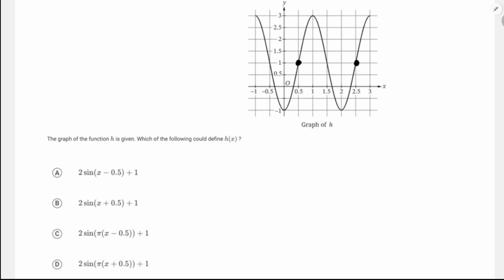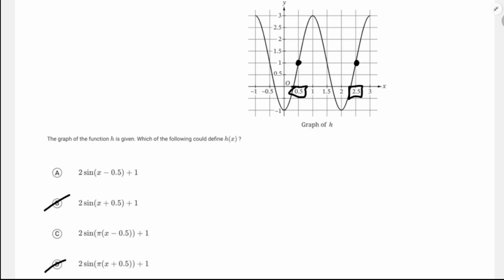Okay, so the phase shift could either be 0.5 or 2.5, and it looks like it's 0.5. So I've got it down to A and D because I've shifted right 0.5. With a phase shift of 0.5, I should see x minus 0.5 on the inside of sine. The amplitude is 2, and so really the difference in these is that we're going to have to find the period.